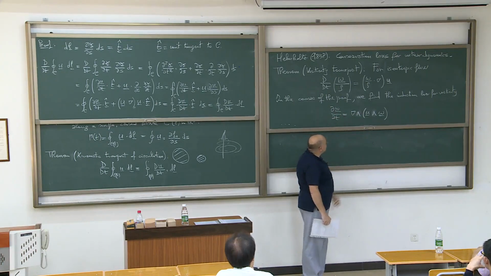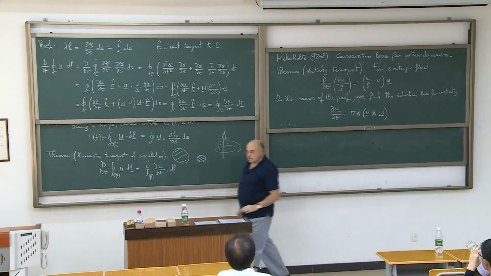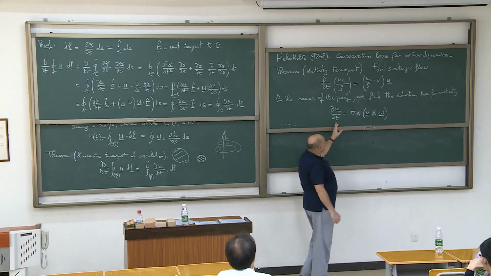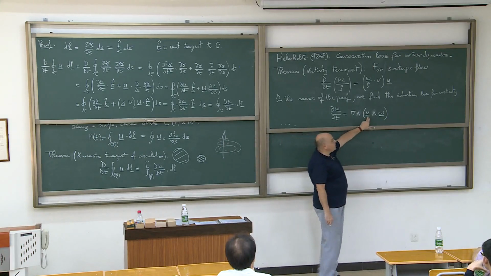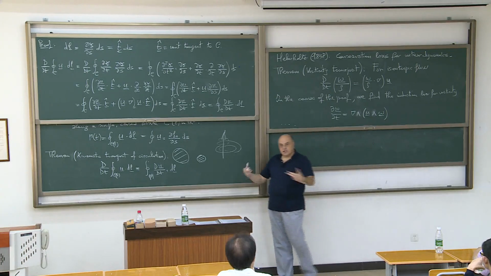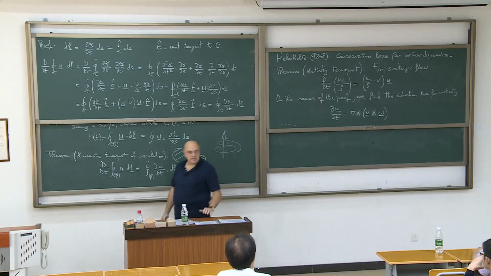But this equation is different from Faraday's equation in at least one respect: for Faraday, we have a velocity of the fluid and a magnetic field. The two don't talk to each other to some extent.